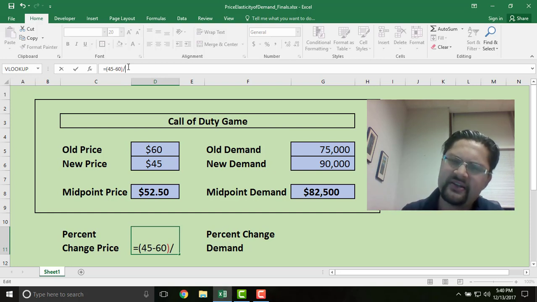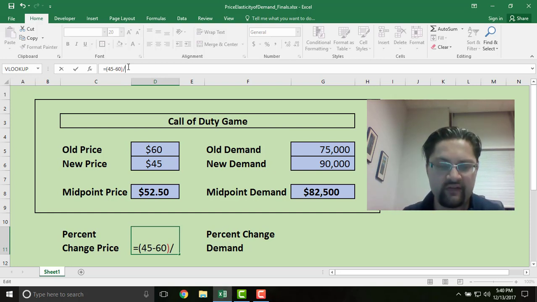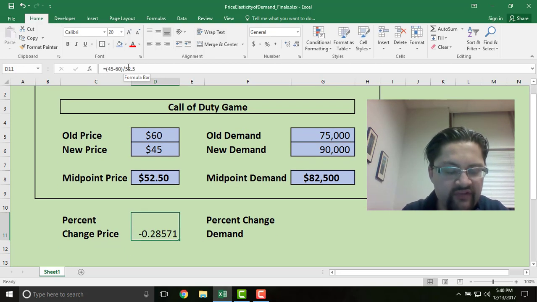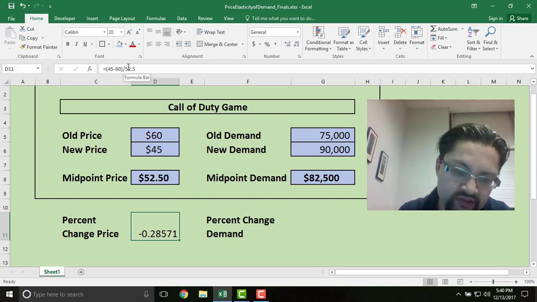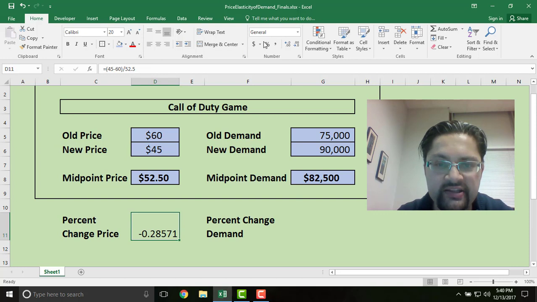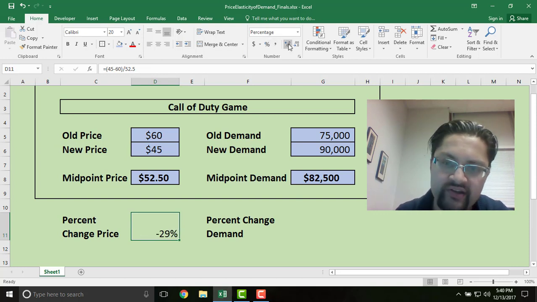We still have that common denominator, and that is so important. Okay? So 52 over 50. That will give us a percent change of 0.285. So really, that's a percent change of about 29%. Okay?